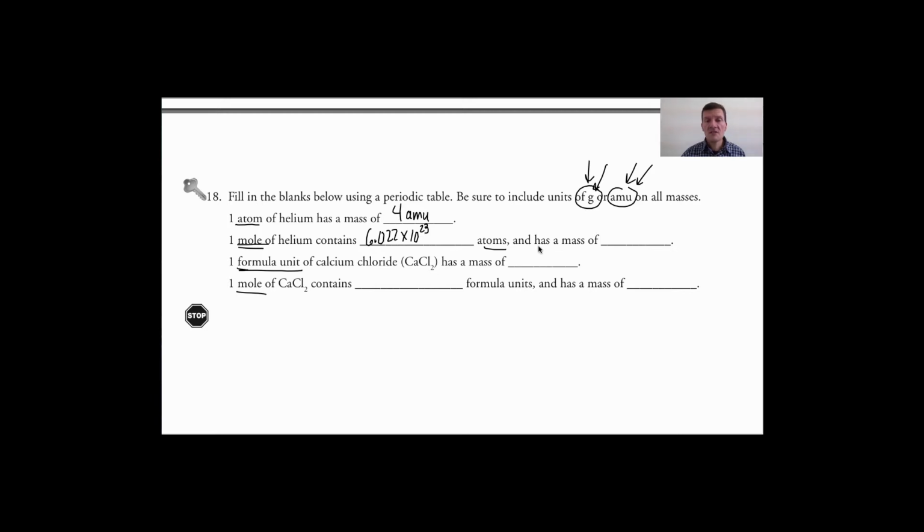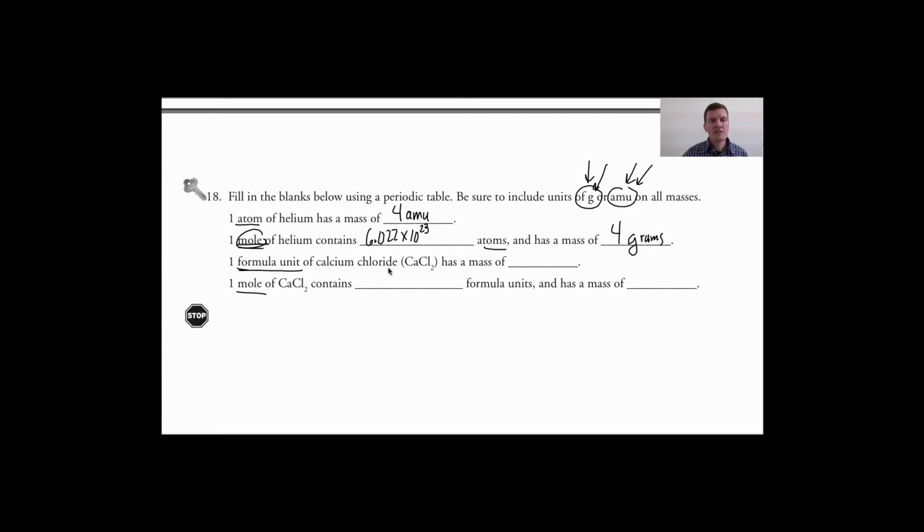Well, if you wanted to, you could take 4 times this number and get the number of AMUs, but we don't. When we're talking about moles and this many particles, we're going to use grams and not AMUs. So it has a mass of 4 grams.